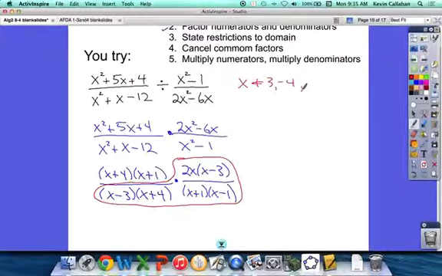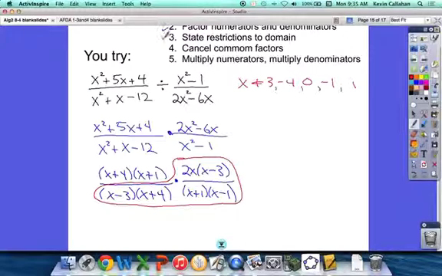How about up here? What comes from the x minus 3? What's the 0 of x minus 3? 3. Okay, but we already have a 3. What's the 0 of 2x? When it's a standalone x, what's the 0? 0, right? It's like x minus 0, so the 0 is 0. Okay, what about from x plus 1? Negative 1. And from the x minus 1, positive 1. So a lot of restrictions there.